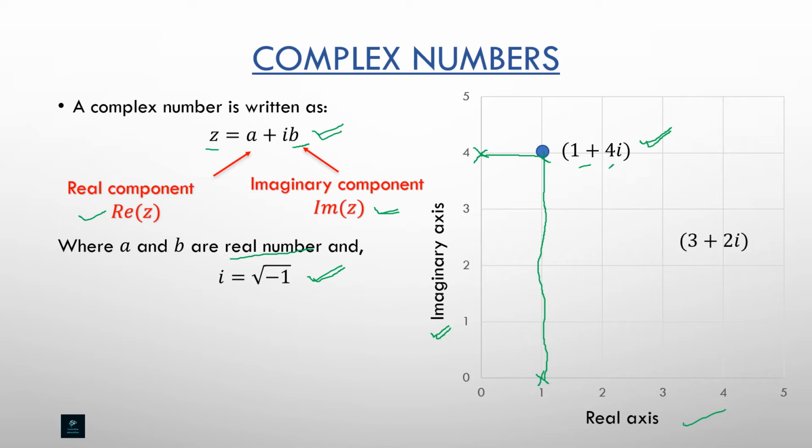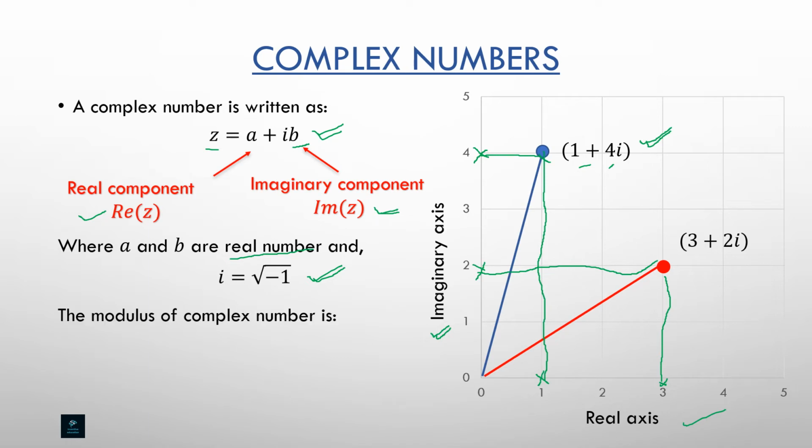Similarly, the complex number 3 plus 2i is located here in the complex plane. Its projection on the real axis is at 3, and its projection on the imaginary axis is at 2. The distance of this complex number from the origin is the modulus of the complex number.